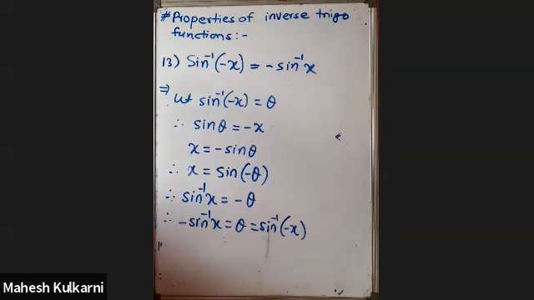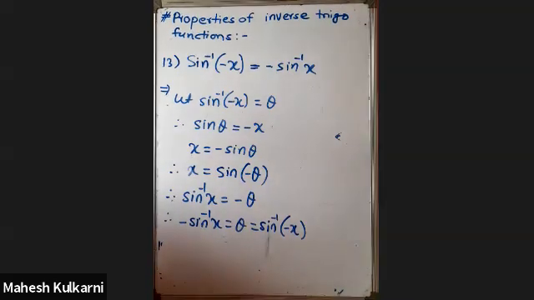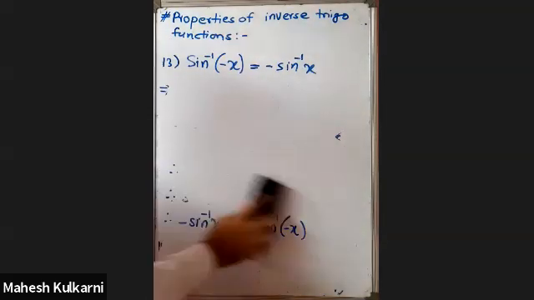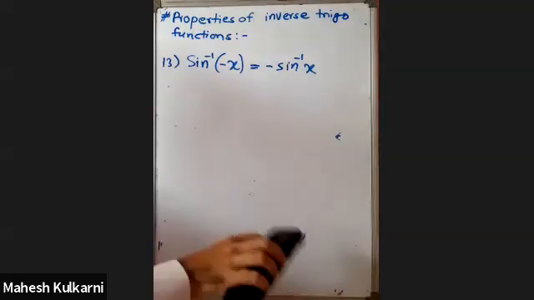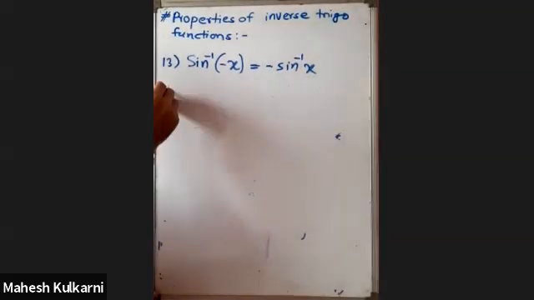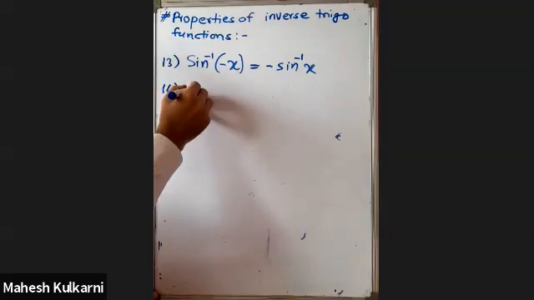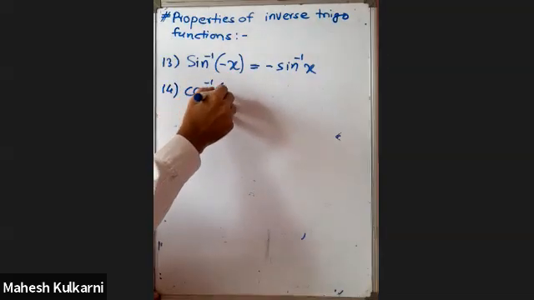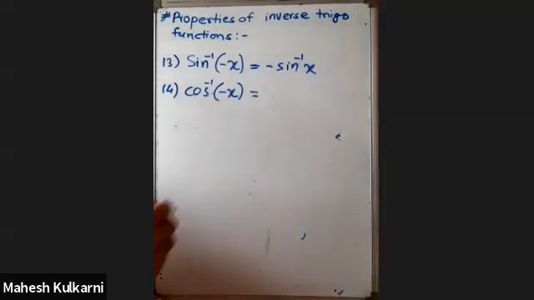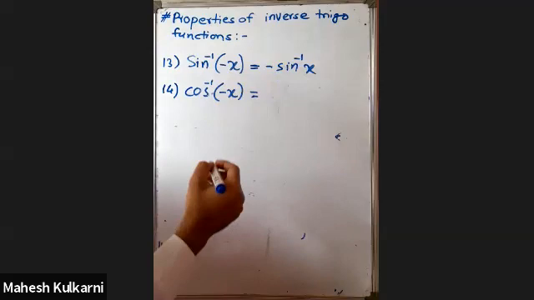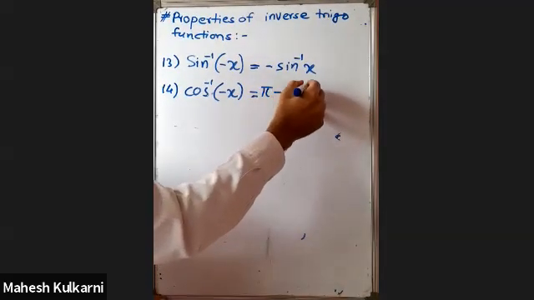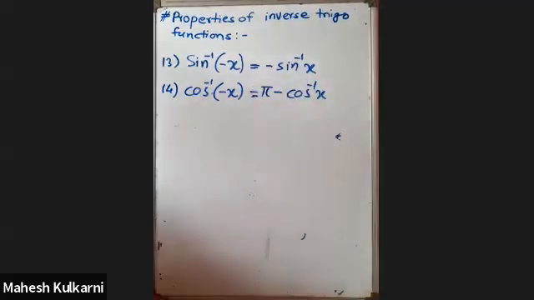Now similarly, we are going to write the remaining properties. Cos inverse of minus x is not directly like the first one, but it is pi minus cos inverse x.